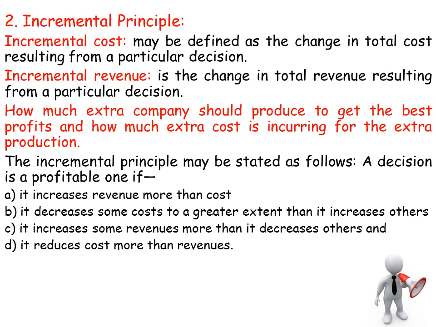Incremental cost may be defined as the change in total cost resulting from a particular decision, and incremental revenue is the change in total revenue resulting from a particular decision, which means producing more than what they are producing. If they decide to produce more, the consequences will be more in terms of cost and in terms of revenue. Let me explain with an example.